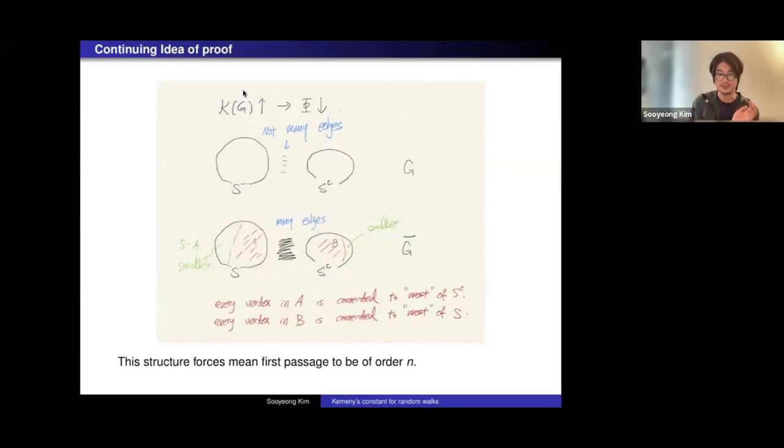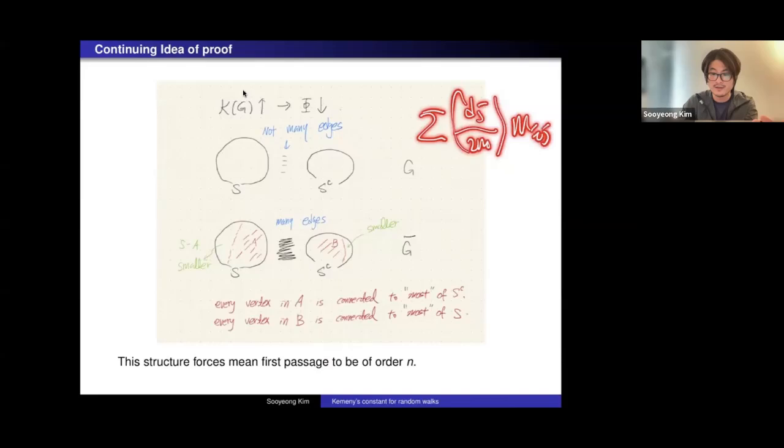So this structure forces the mean first passage time, sorry about that typo, between any two vertices to be of order n. So what that means is here, dj over 2m times mij is going to be order n.